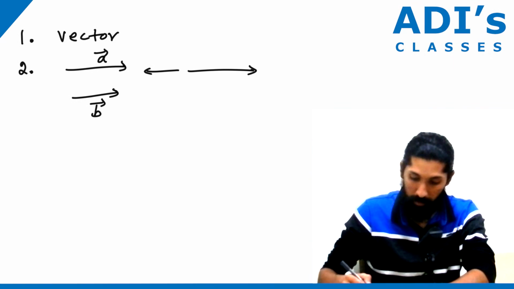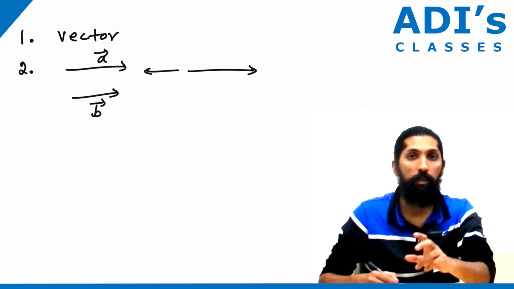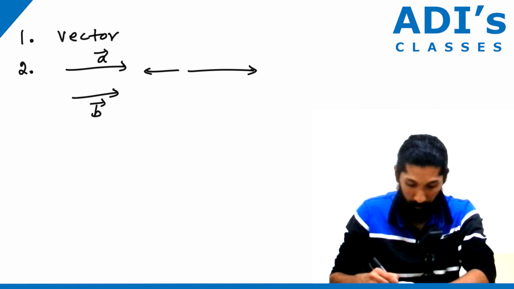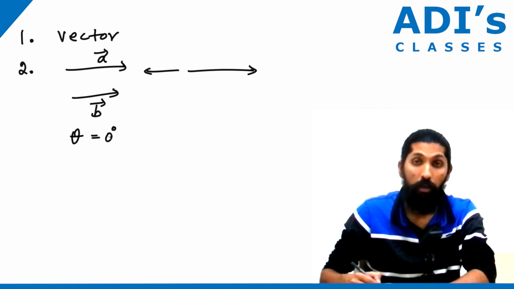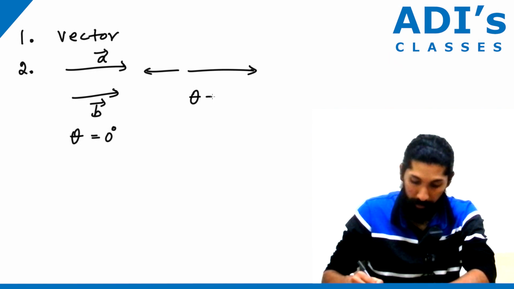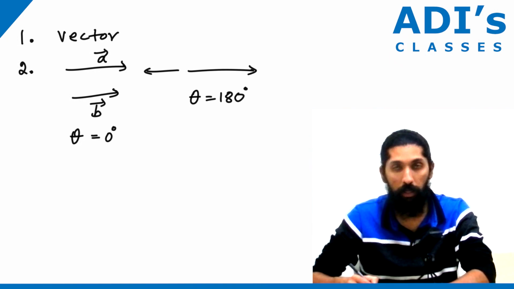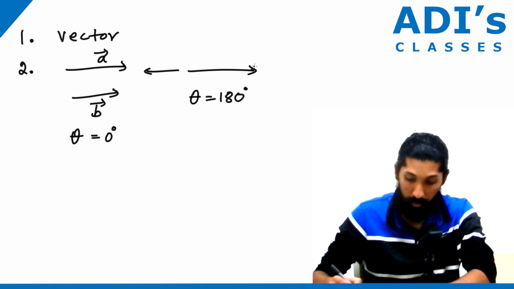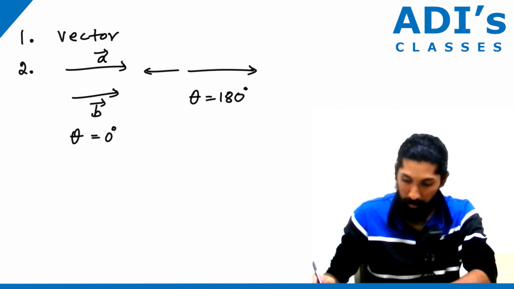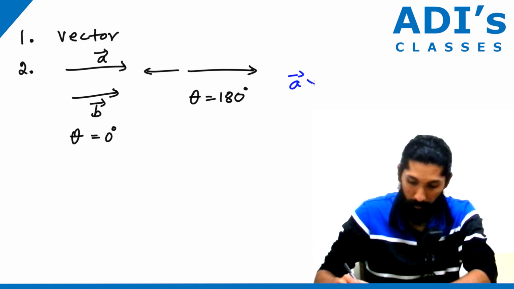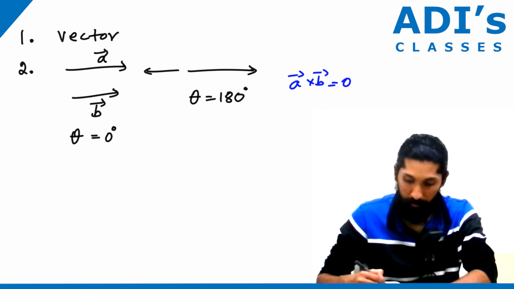The reason is, if two vectors are parallel or collinear, then theta is 0 degrees. For anti-parallel, theta is 180. Whether it is sine 0 or sine 180, the value is 0 itself. So A cross B becomes 0.